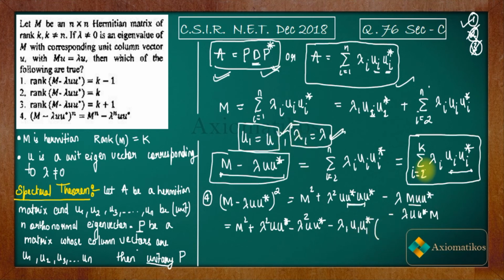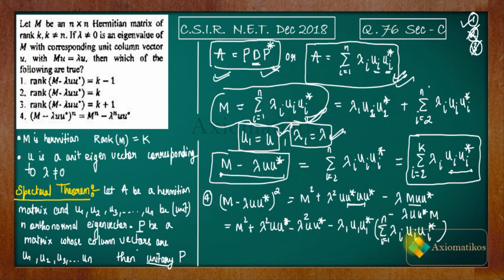Now I am writing m is equal to this summation that was given to us, or you can say this statement. M is equal to what? It is this: summation lambda i ui star, where i is varying from 1 to n.